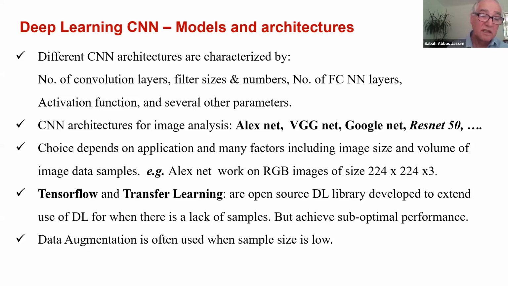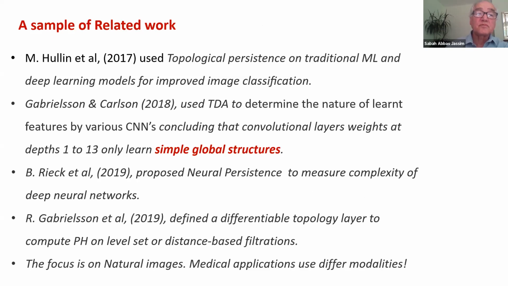How do you actually enlarge it or make it small to fit the sizes required here? TensorFlow, transfer learning could help when there is a lack of samples, and of course data augmentation is used.